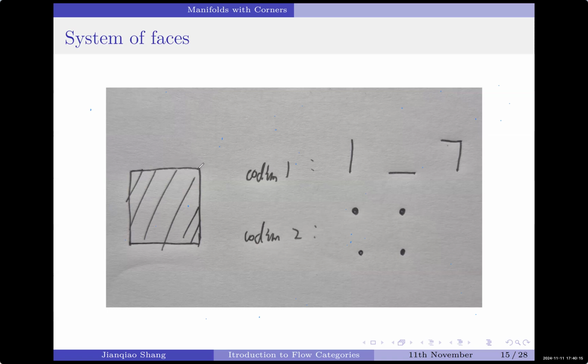It's even a manifold with faces. The codimension 1 face has 4 connected components, and I divide them into several pieces of embedded manifolds with corners. I also divide its codimension 2 faces, 4 points, into 4 sets, and such a collection is called a system of faces.